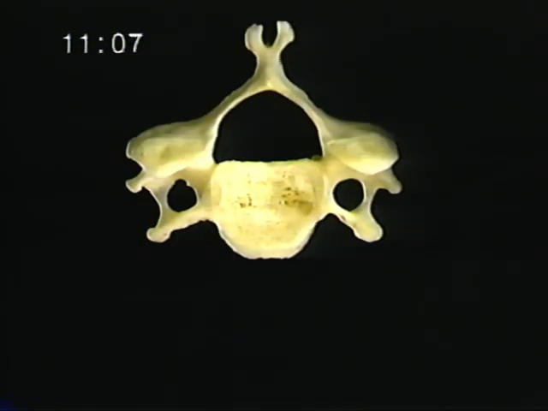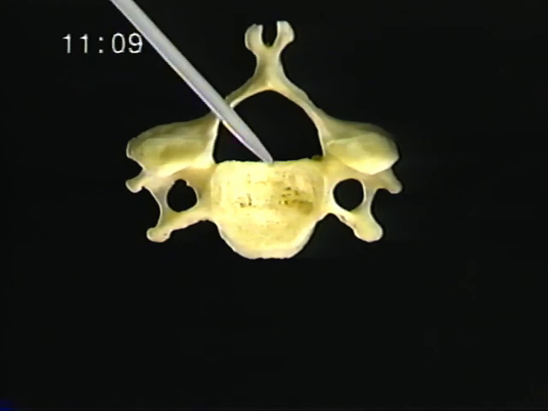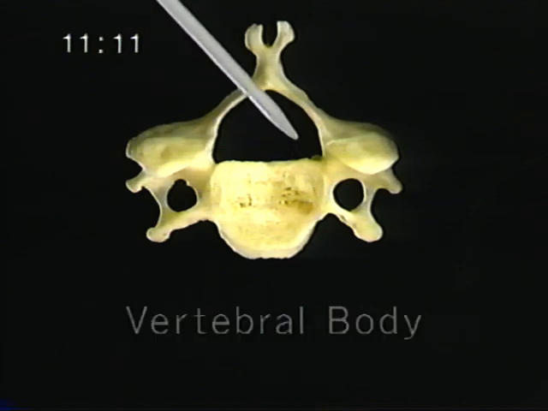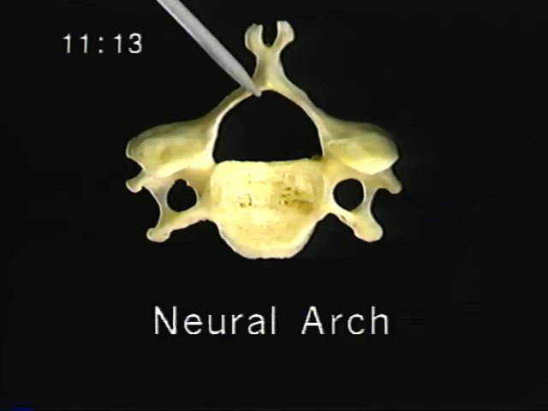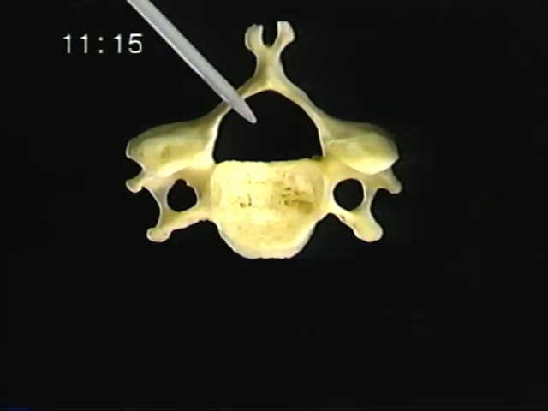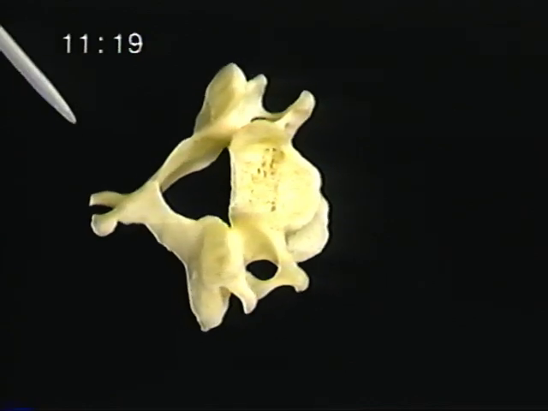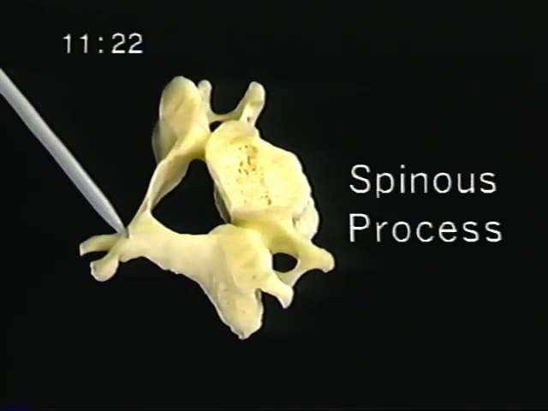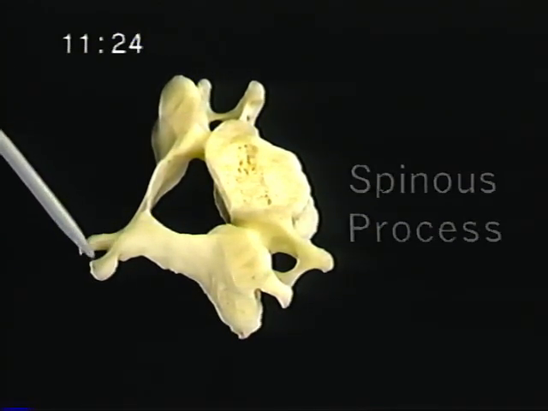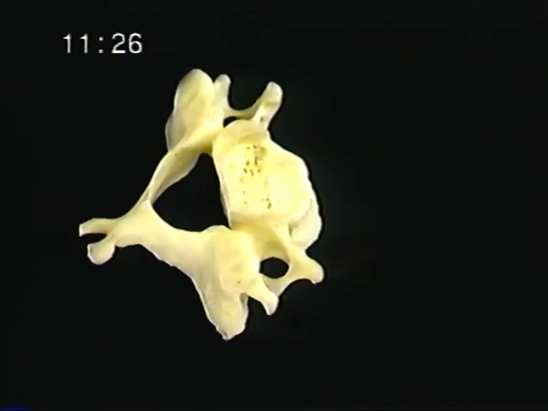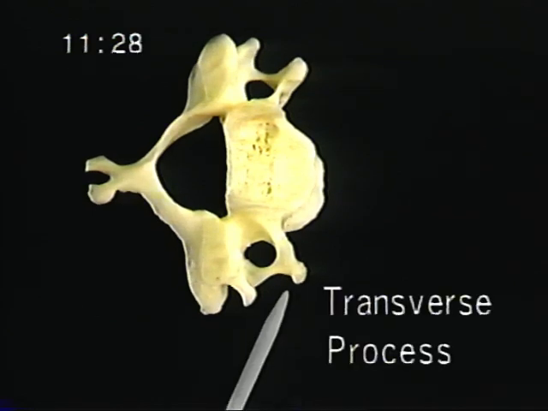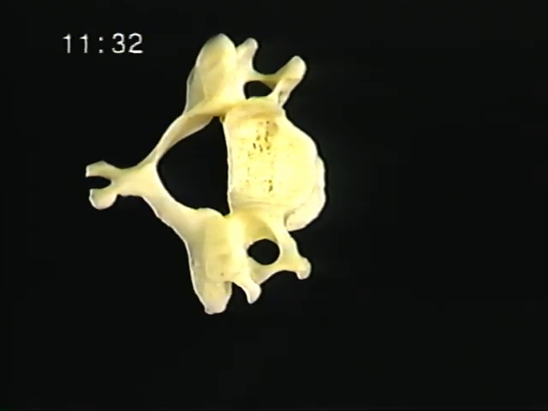As we've seen in Volume 3, a typical cervical vertebra has a body in front and a neural arch behind, enclosing the vertebral foramen. It has a spinous process behind with two tuberosities and a transverse process on each side, also with two tuberosities.